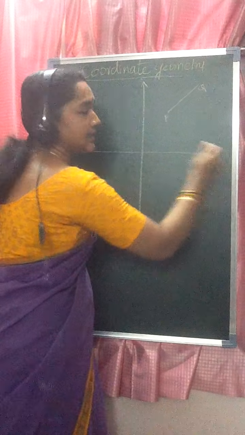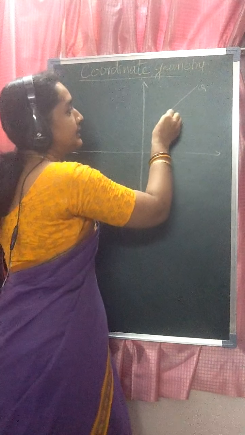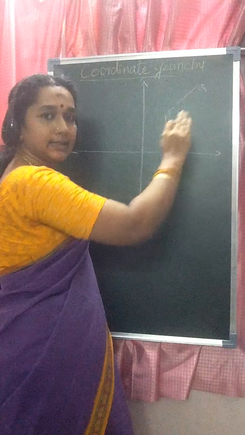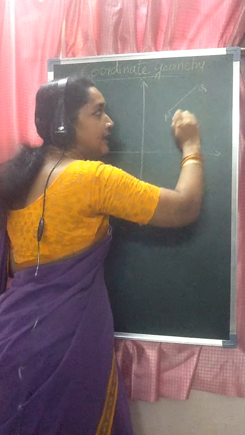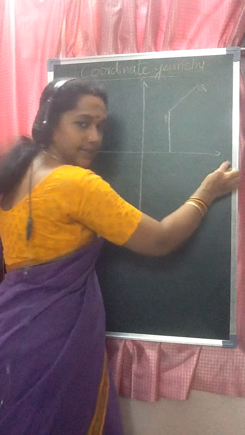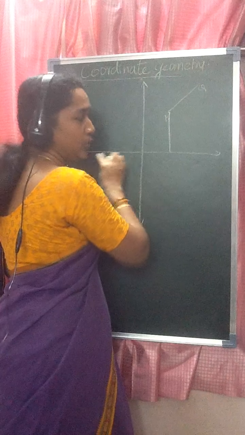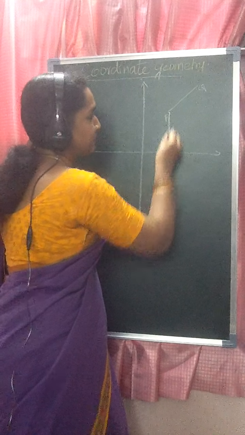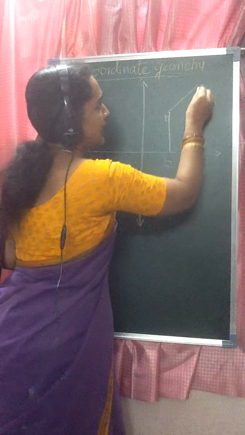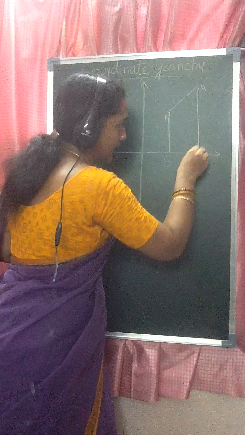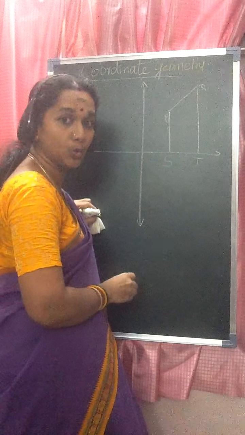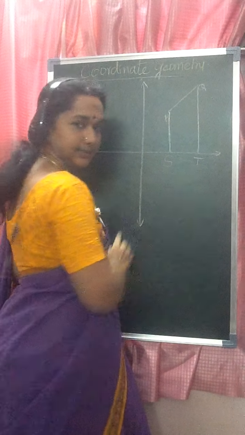Since this is the x-axis and this one is the y-axis, you make this PQ as a triangle. You need to find the length of these two sides. So you draw a perpendicular line PS to the x-axis. In the same way, you draw another perpendicular line QT on the x-axis.